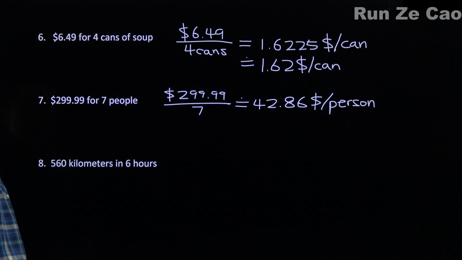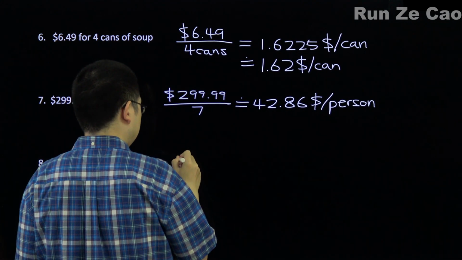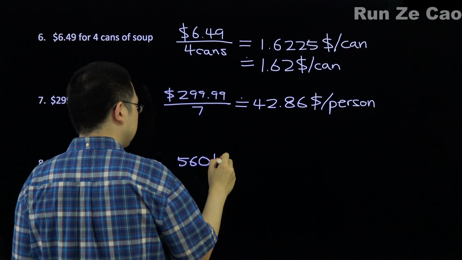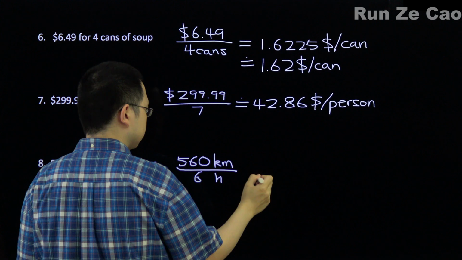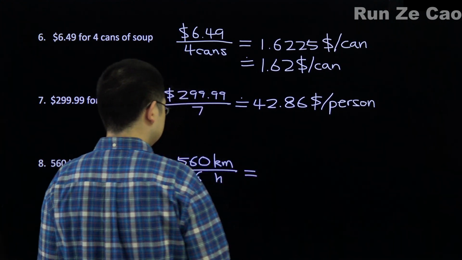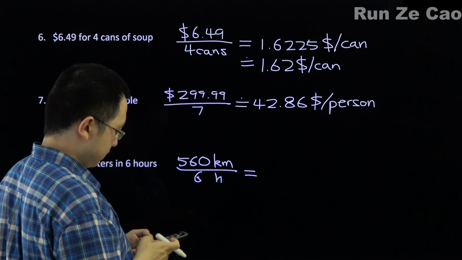Okay then. What about 560 kilometers in 6 hours? Well, that's 560 kilometers over 6 hours. So 560 divided by 6.